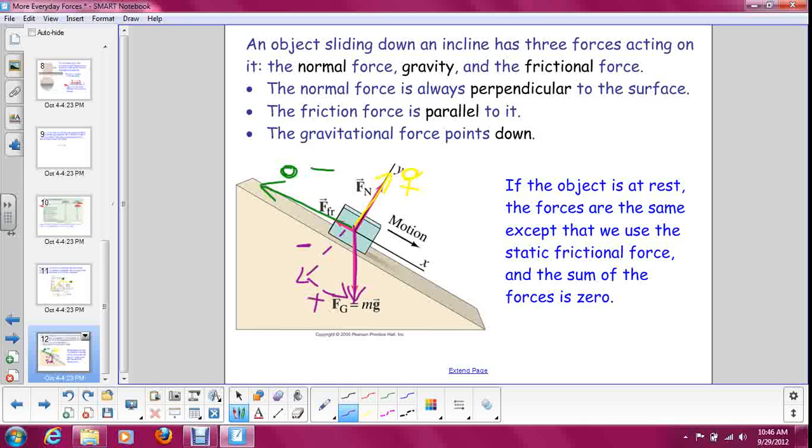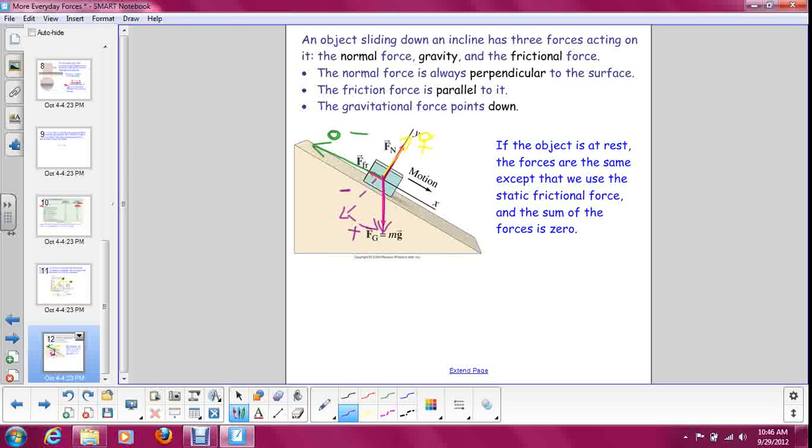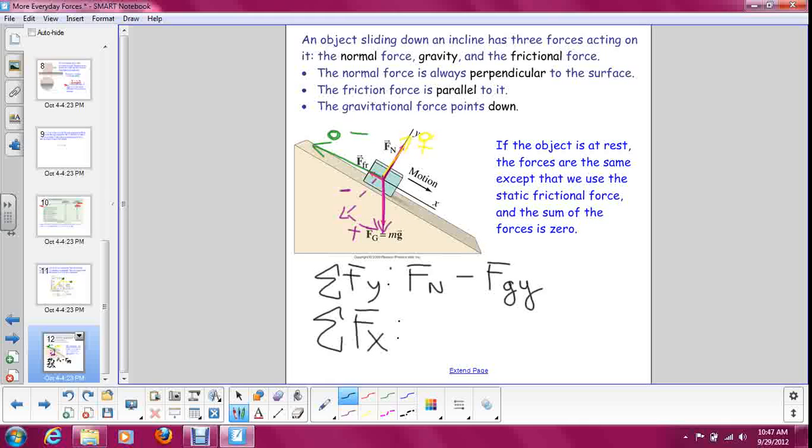So if we were to do the sum of the forces here, the sum of the forces in the Y are going to be the same as they were for the very first slide in this video. We have our normal force in the positive Y direction and a negative force of gravity in the Y direction. The forces in the X are going to be a little bit different.